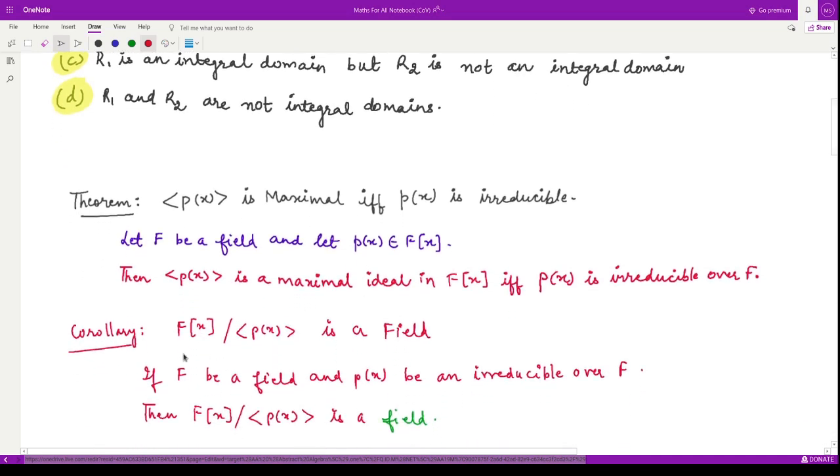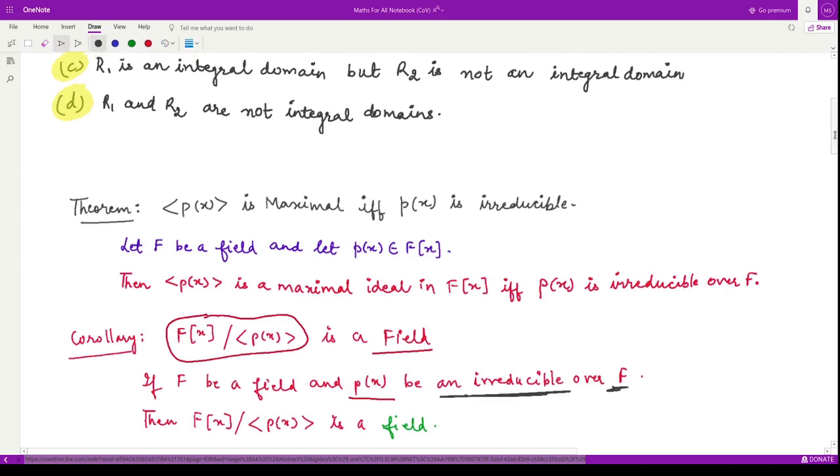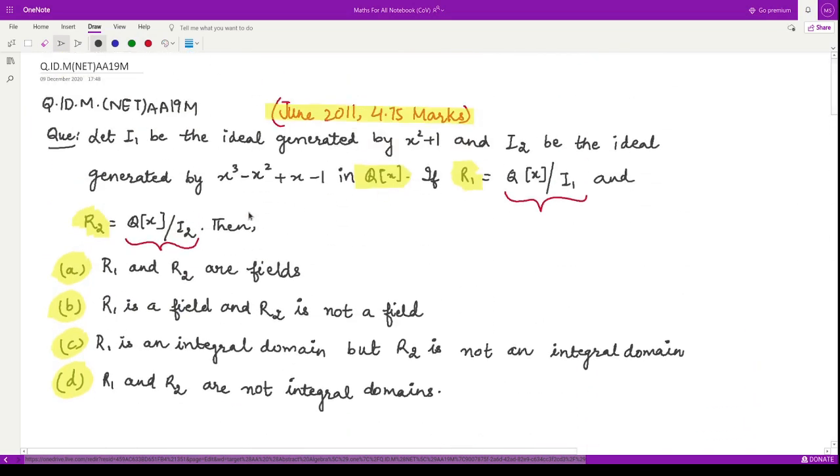The result says that a quotient ring of this form forms a field whenever the ideal generated by p(x) is maximal and the polynomial is irreducible over F. So in order to check whether R1 and R2 form a field or not, we can check the polynomial.